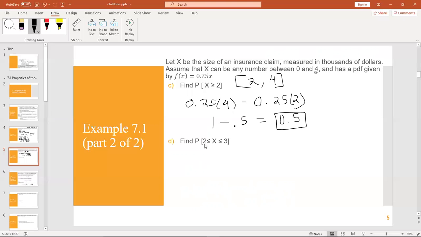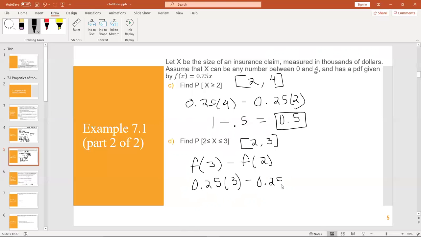Here they're giving you the interval from 2 to 3. So you could write that as an interval from 2 to 3. And that just means that they want you to find what f of 3 minus f of 2 is. So if we do that, that's going to be 0.25 times 3, and then minus 0.25 times 2.